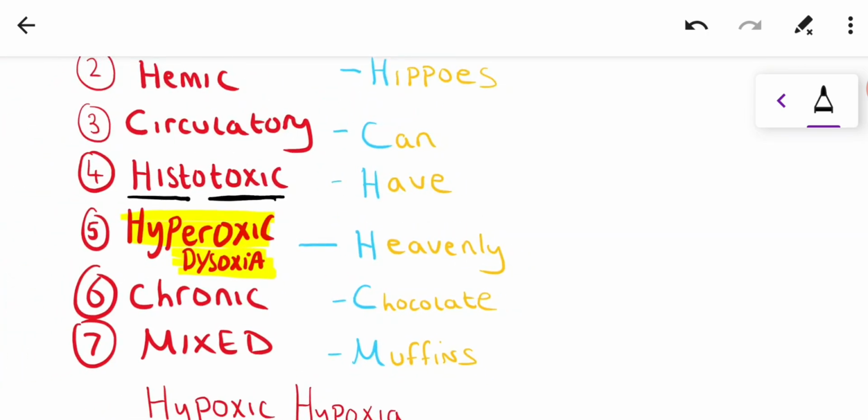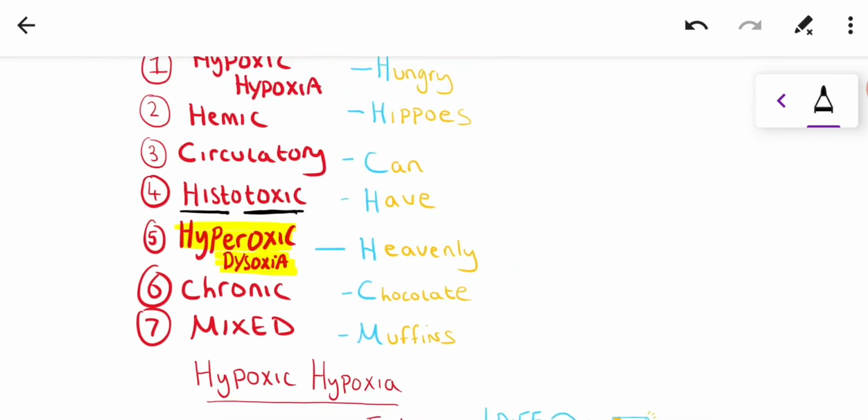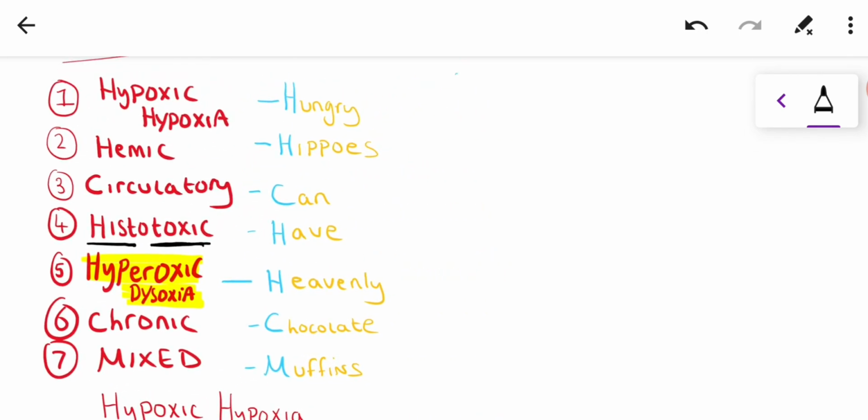Dysoxia we'll go through later, how this causes a reduction in ATP in regards to mitochondria. Chronic, so how does the body over a prolonged period of time deal with lower oxygen and the effects, and mixed. So mixed is 2 or more different types of hypoxia.